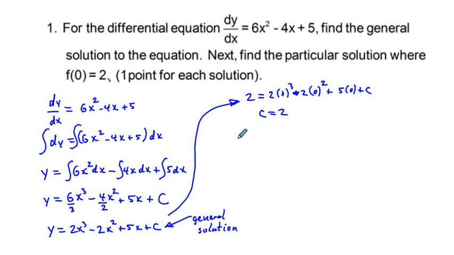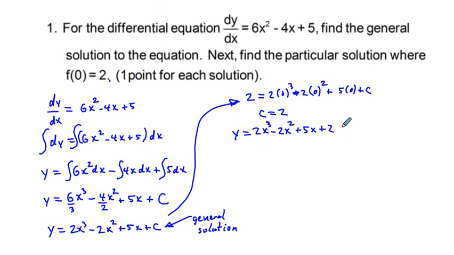So therefore, our particular solution is going to be y is equal to 2x cubed plus 2x squared, or minus 2x squared, rather. I got that in my head someplace. Minus 2x squared plus 5x plus 2.